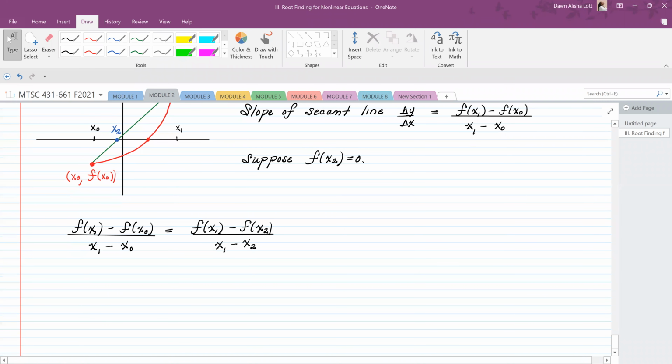But we want f of x2 to be 0, so I'm going to chop that off.